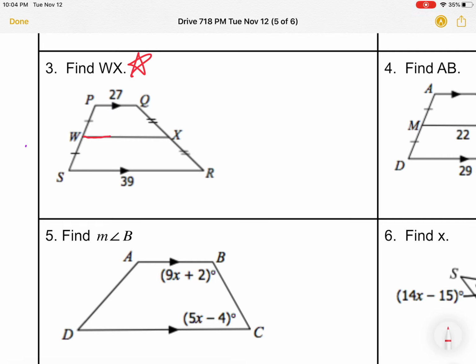So this is a mid-segment, like we talked about earlier. Mid-segment, which sounds just what it looks like, is a segment in the middle. So you can think about this like midpoint. So 27 is small, the mid-segment's bigger, but it's less than 39.